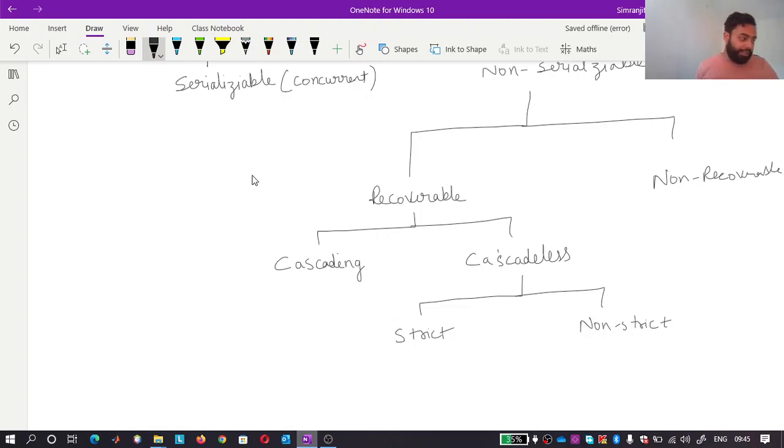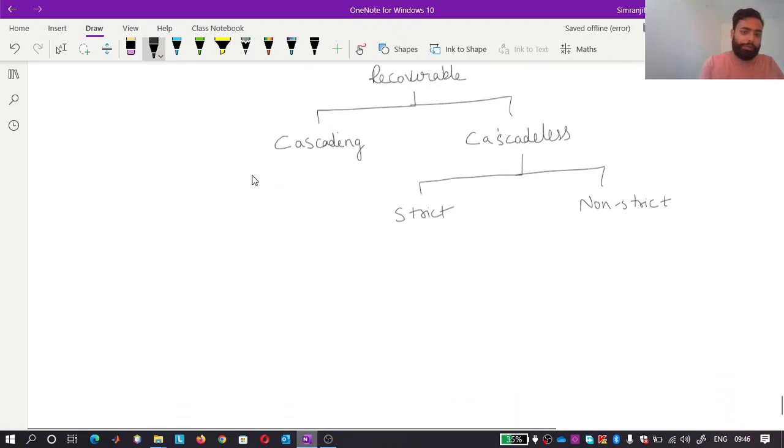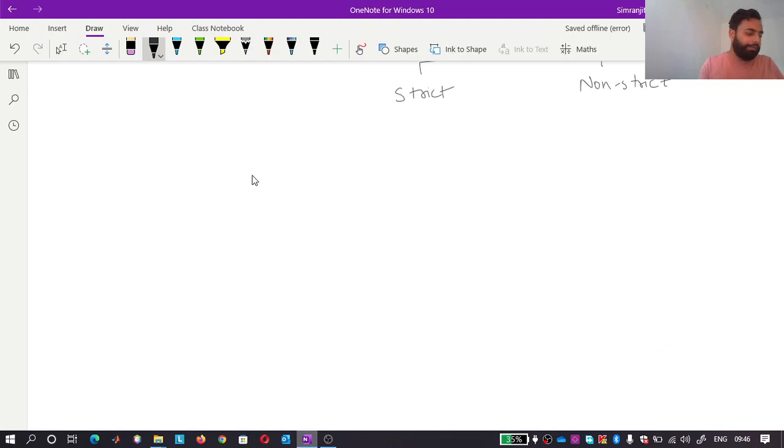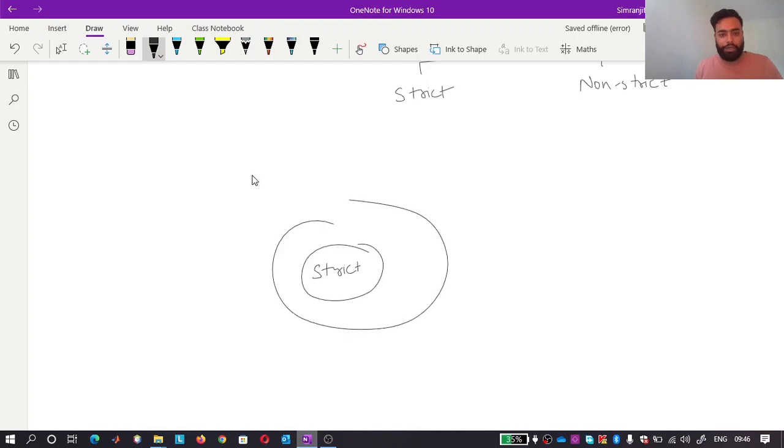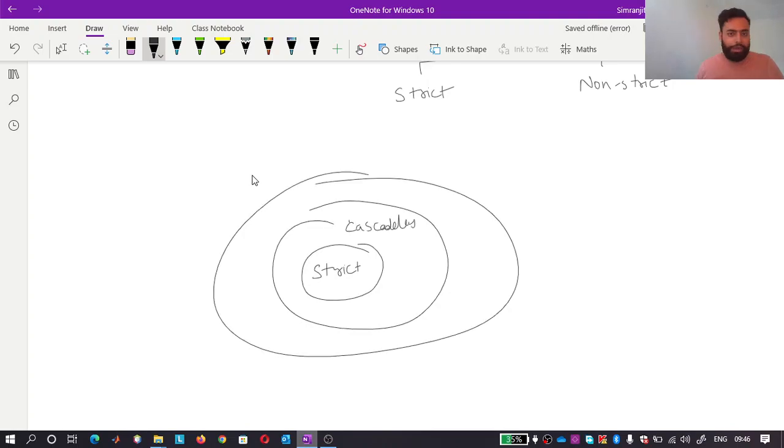So serial schedules are always strict schedules. If they are strict, you already know they are recoverable as well as cascadeless. If you remember the diagram that we have seen earlier, every schedule that is strict is a cascadeless schedule and a recoverable schedule.